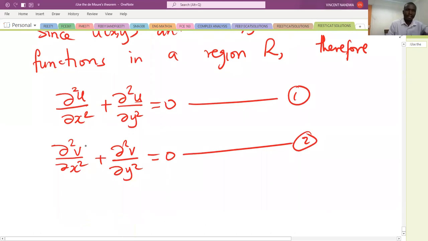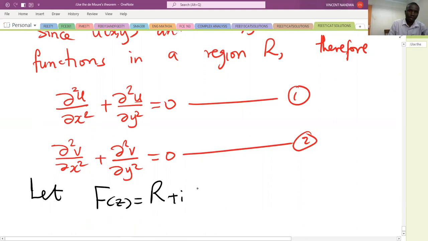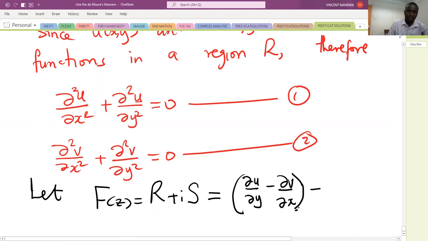Then let capital F of z be given by R + iS, that is ∂u/∂y − ∂v/∂x + i(∂u/∂x + ∂v/∂y).